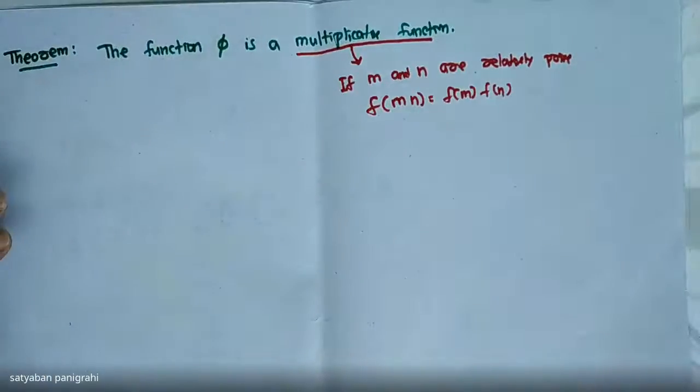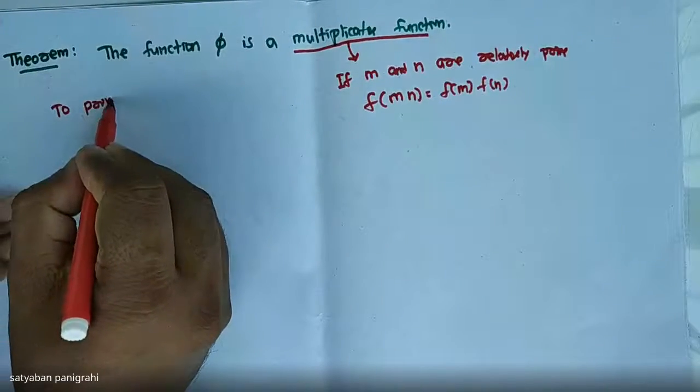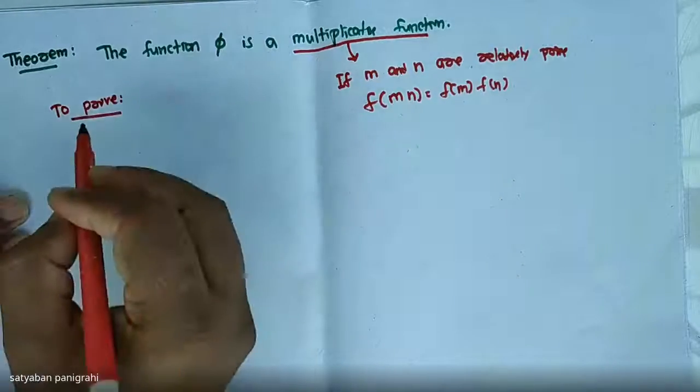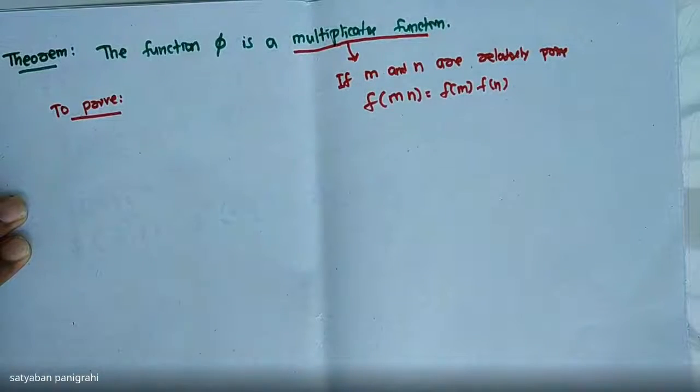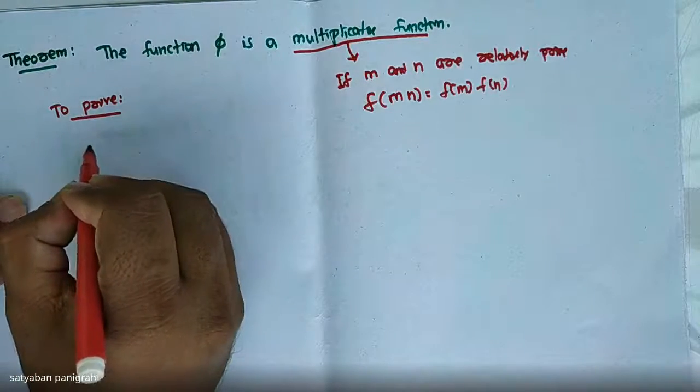Now we have to prove that, or this theorem states that, m and n are two relatively prime numbers.